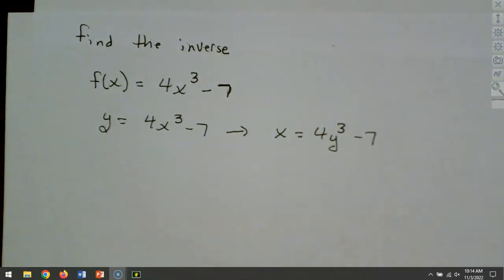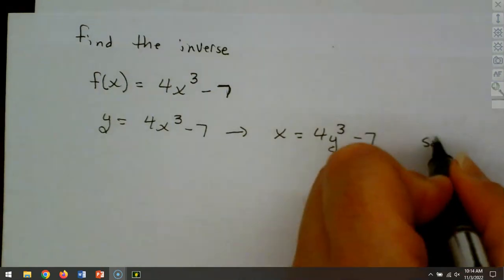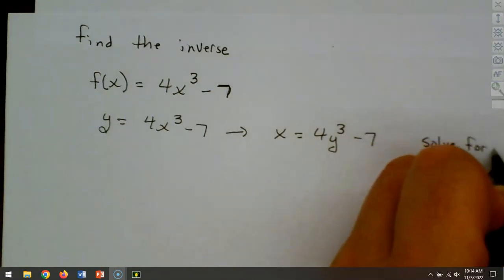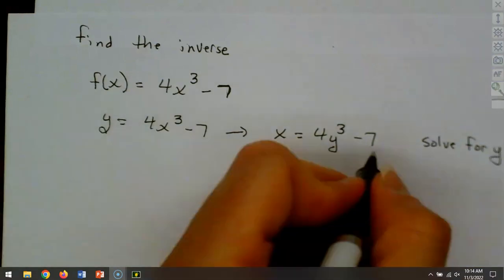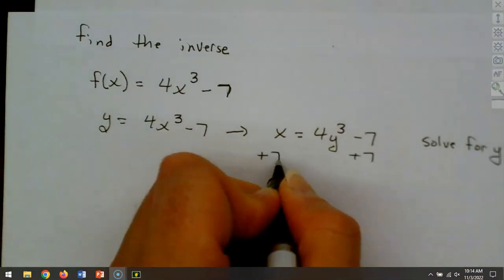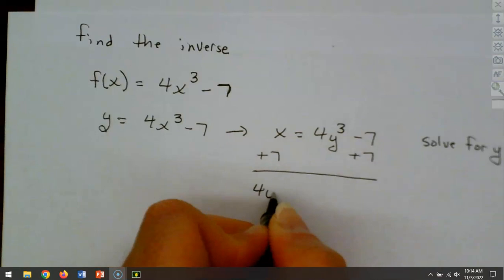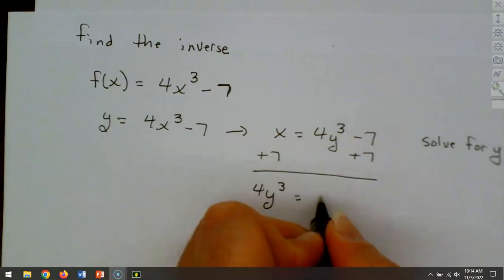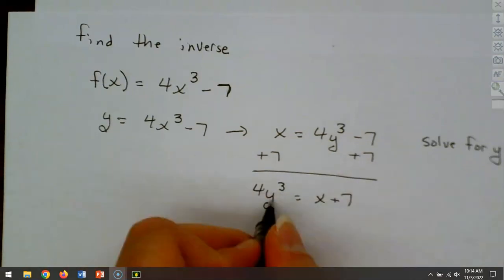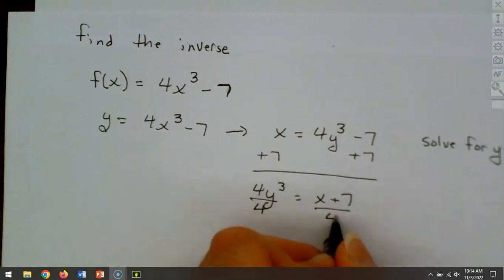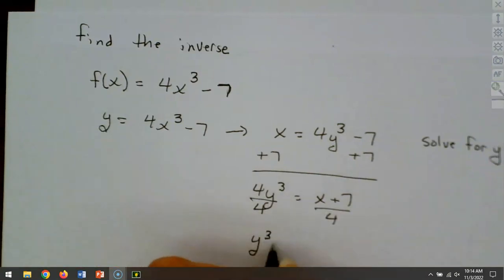And now what do we need to do? Now we solve it for y. So we're going to add 7. So 4y cubed equals x plus 7. We'll divide by our 4. And now we've got y cubed equals x plus 7 over 4.